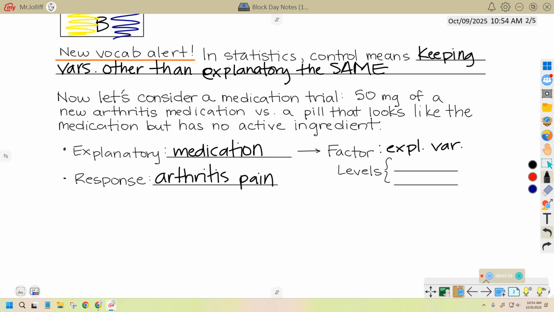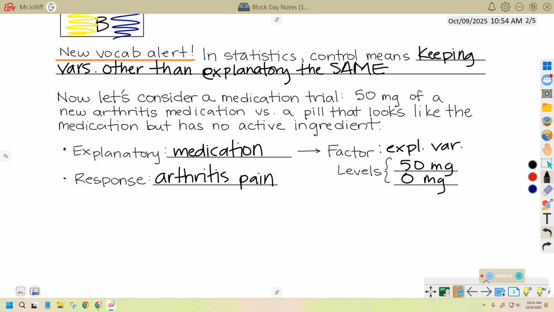Levels are the categories within that explanatory variable. So for our medication, what are the types of treatments that I'm giving to my patients? A pill, but there's two types of pills. Very good. The 50 milligram that has the active medication, and the sugar pill, which has no milligrams of the medication.